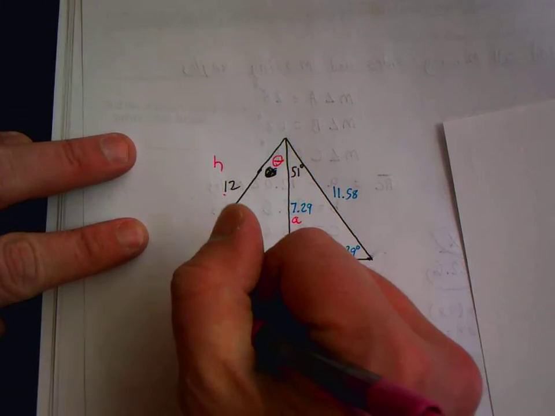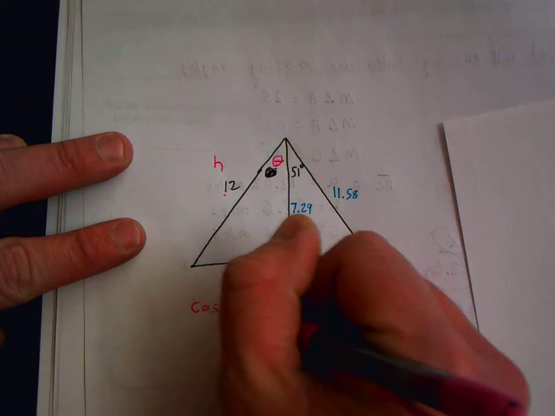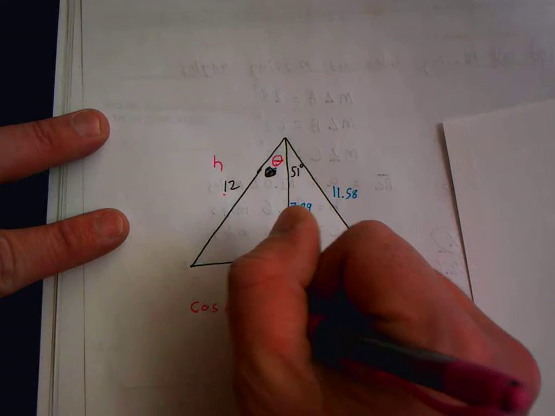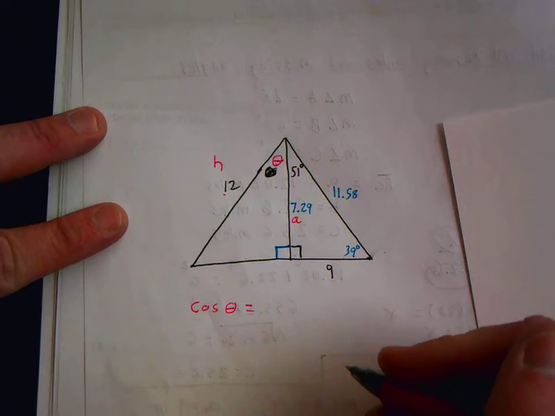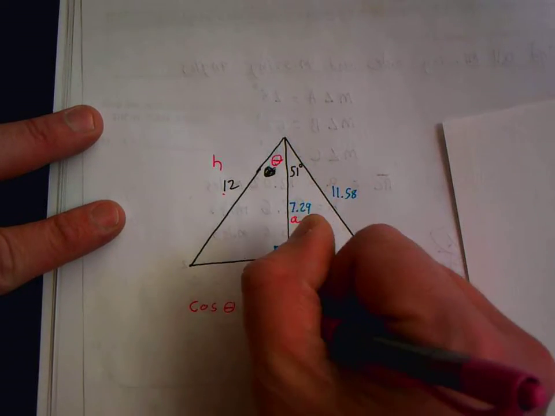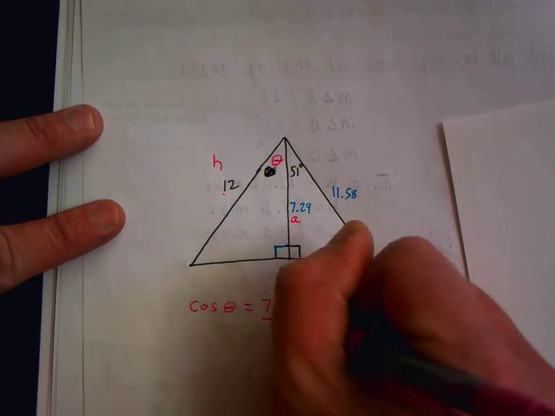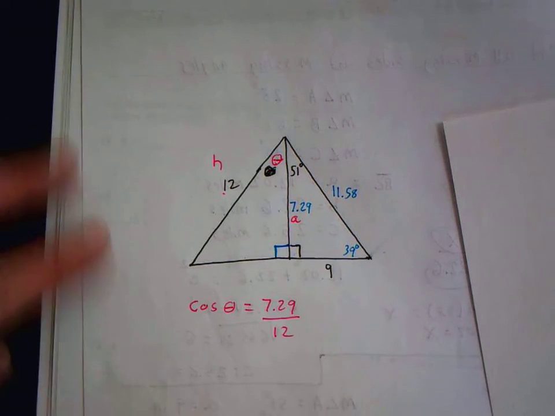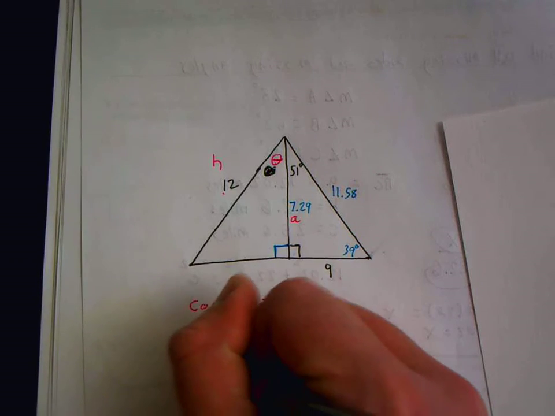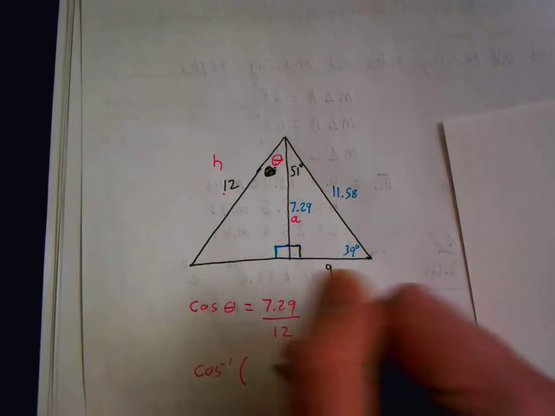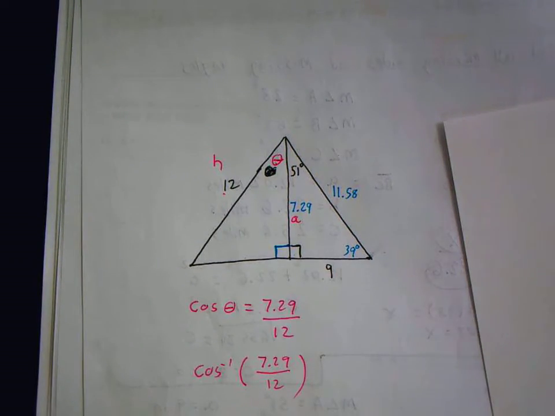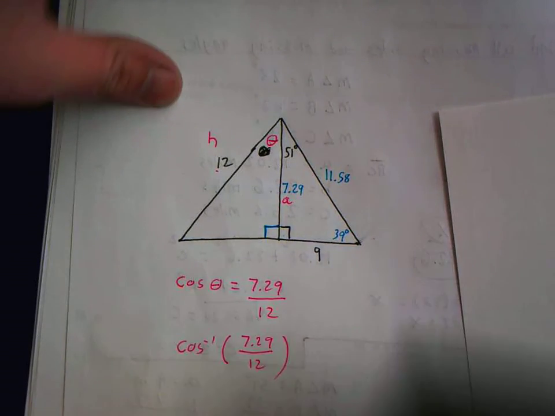Cosine. So the cosine of my angle equals A over H. We learned this yesterday. Right? And we learned that we just take the inverse. This is what we did yesterday.